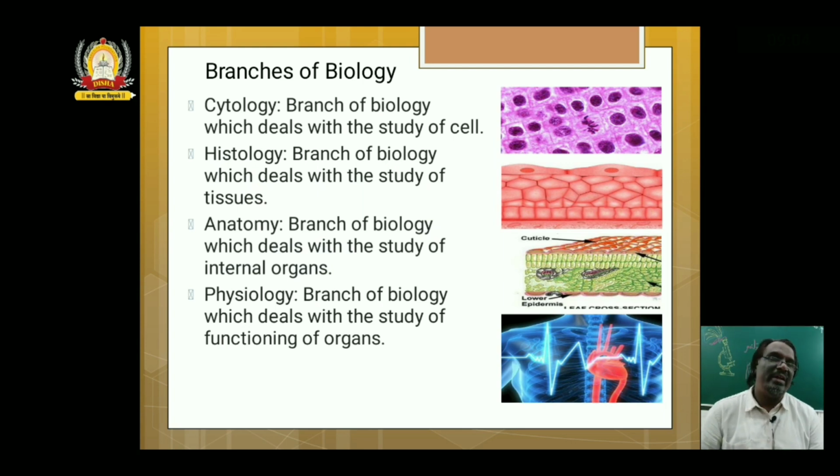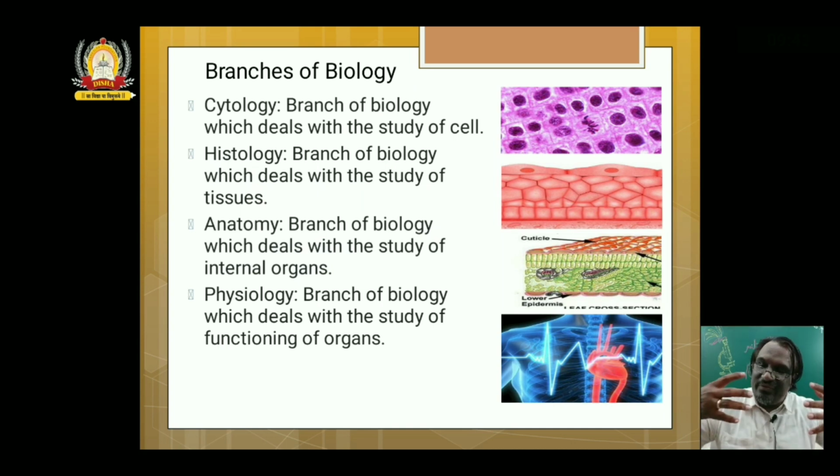In the same way, you also study human physiology. There are 7 lessons there, namely digestion and absorption, breathing and exchange of gases, body fluids and circulation, nitrogenous waste and their elimination, locomotion and movement, chemical coordination, neural control and integration.